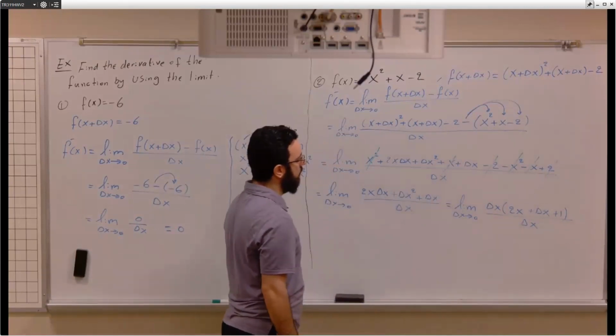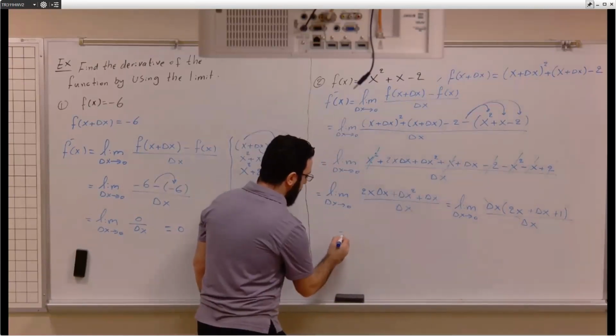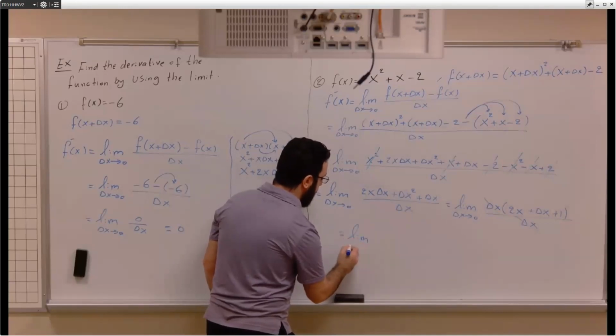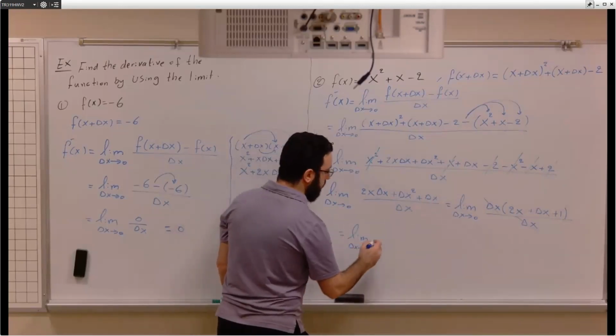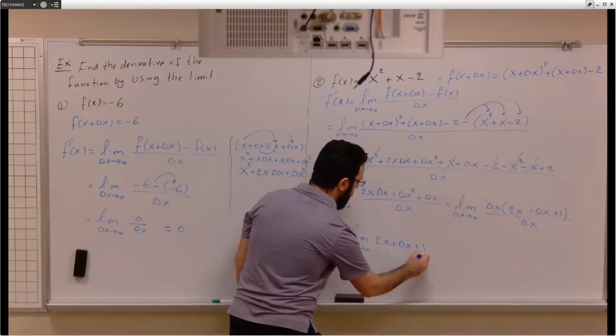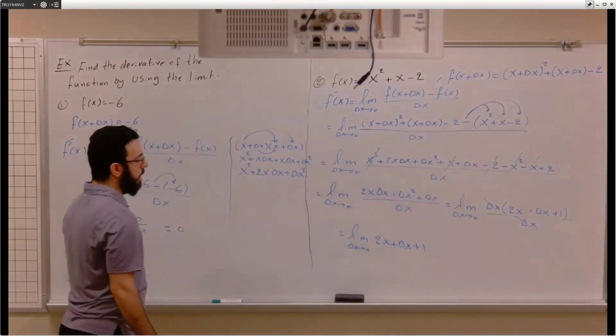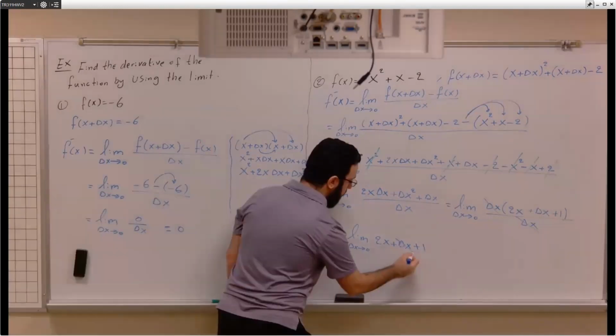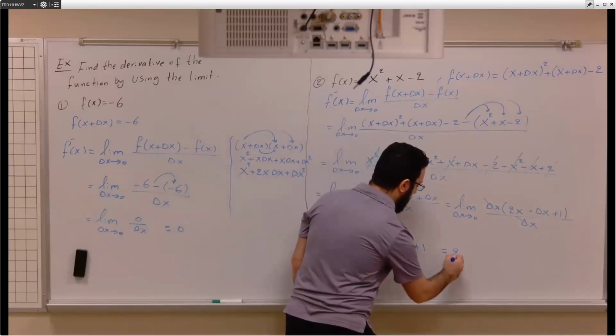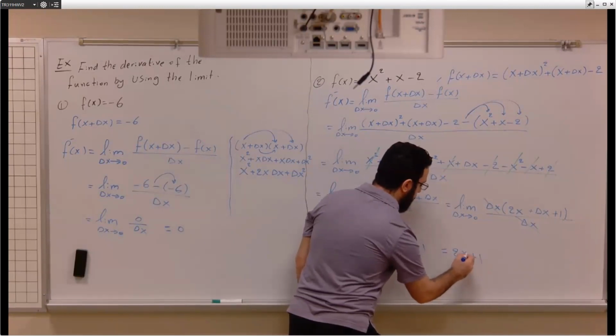Cancel delta x with delta x. So it's going to be the limit as delta x approaches 0 of 2x plus delta x plus 1. Now, when delta x goes to 0, that means this one is going to be 0. So the result is going to be 2x plus 1.